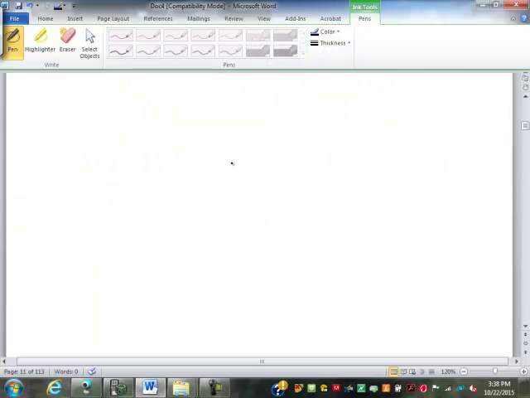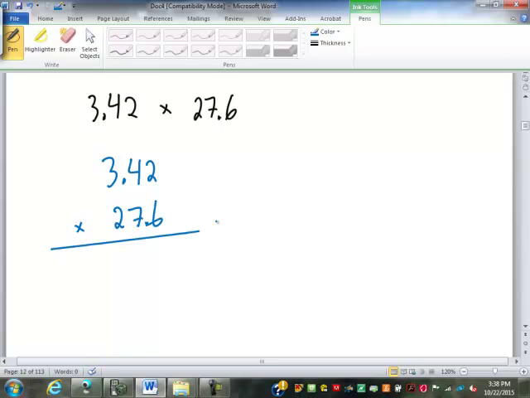So the next step. When we go to multiply decimals, am I going to have to line up my decimal points? Why not? You say no. Well, remember, when we multiply, we don't need the same name.